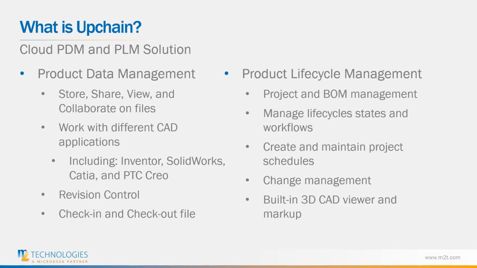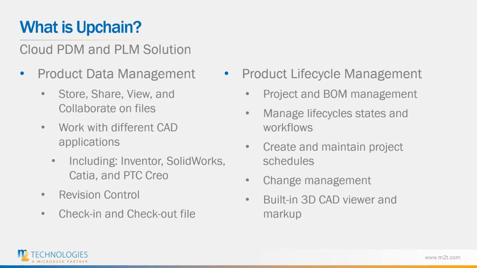All of them are able to interact directly with Upchain, and you can access those files, save, store, and view them all through Upchain. This also allows you to maintain revision control. Every time you make a change to a file, that revision state is saved in Upchain, so you can go back and access it at a later date or view changes made and who's made them.